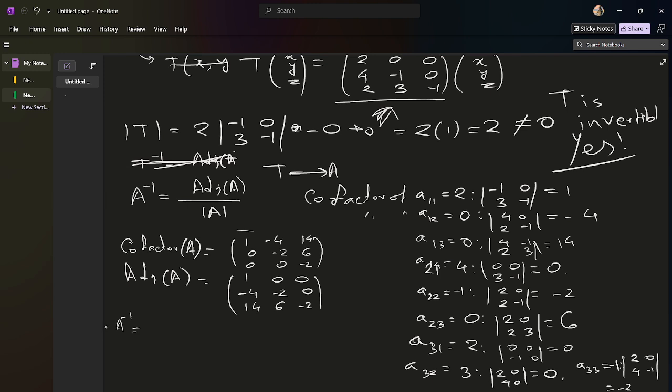So our A inverse will be adjoint of A divided by the determinant of A, which is 2. So our entries will be half, 0, 0; minus 2, minus 1, 0; 7, 3, minus 1. This is the answer of this question.